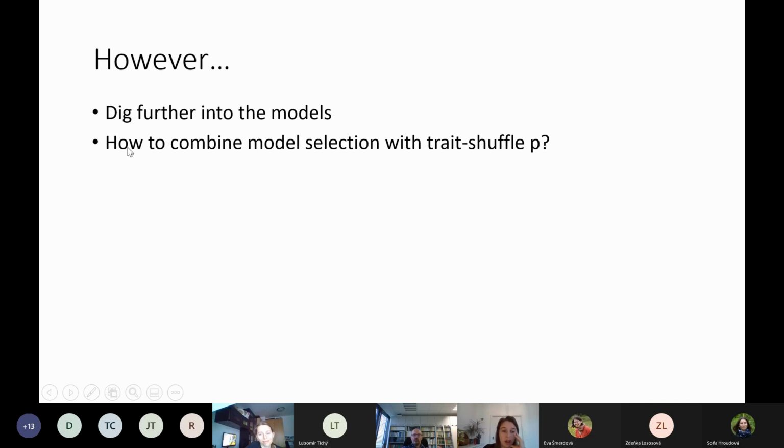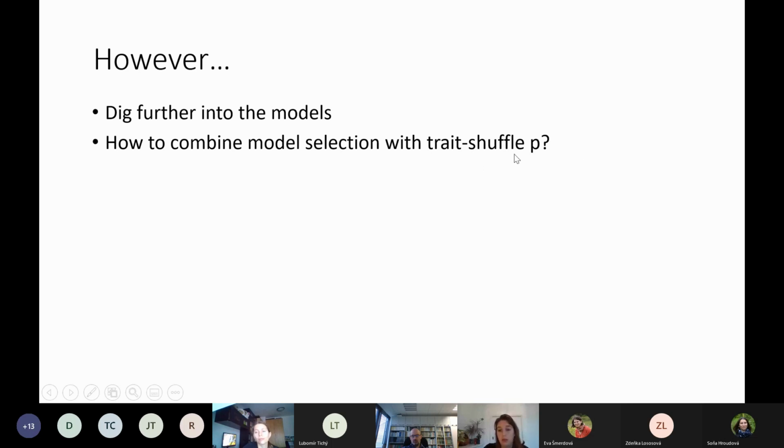The first thing is how to combine the model selection with the trait shuffle P, because the model selection selected variables that are actually just biased by these co-occurrences. And here I got into a circular problem, because which one of the tests should I do first?